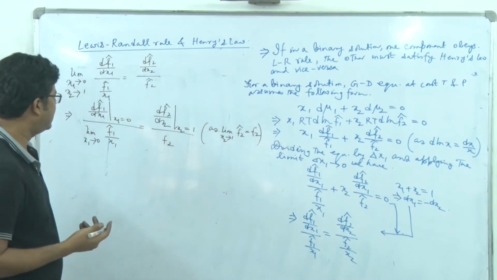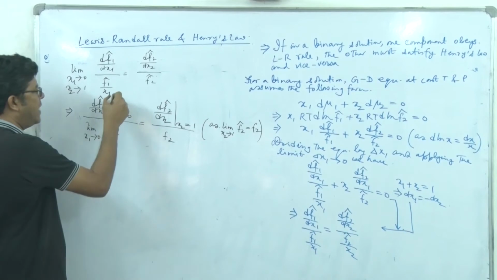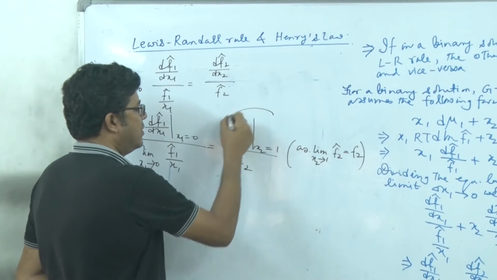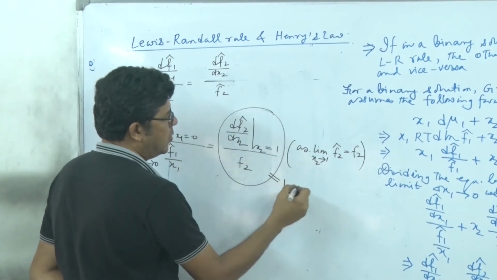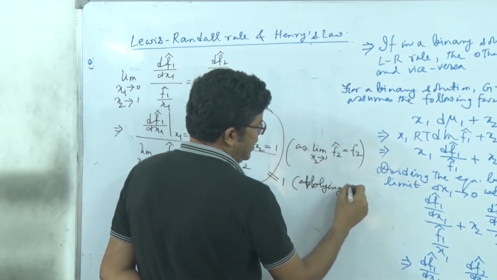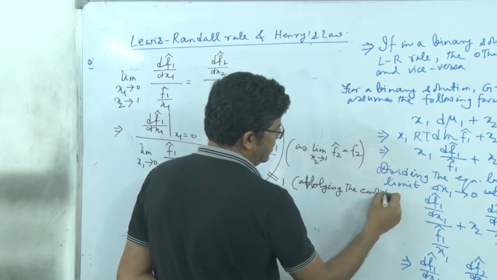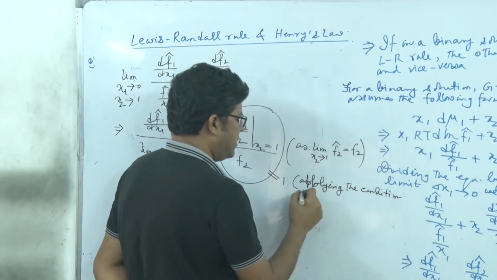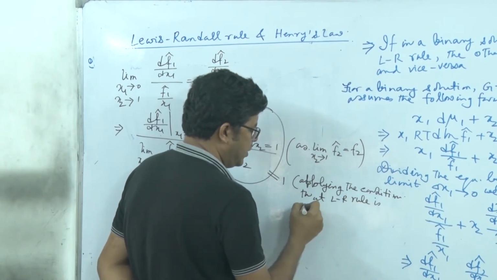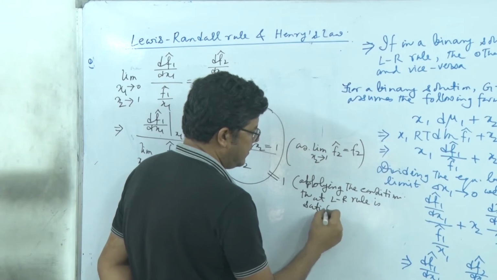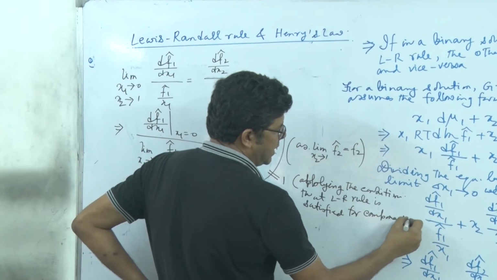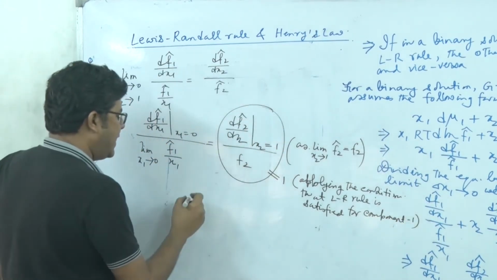It is obvious. Now what I have stated, one component obeys LR rule. So LR rule means this is equal to 1. Applying the condition that LR rule is followed or satisfied for component 2, right? Why is it so?